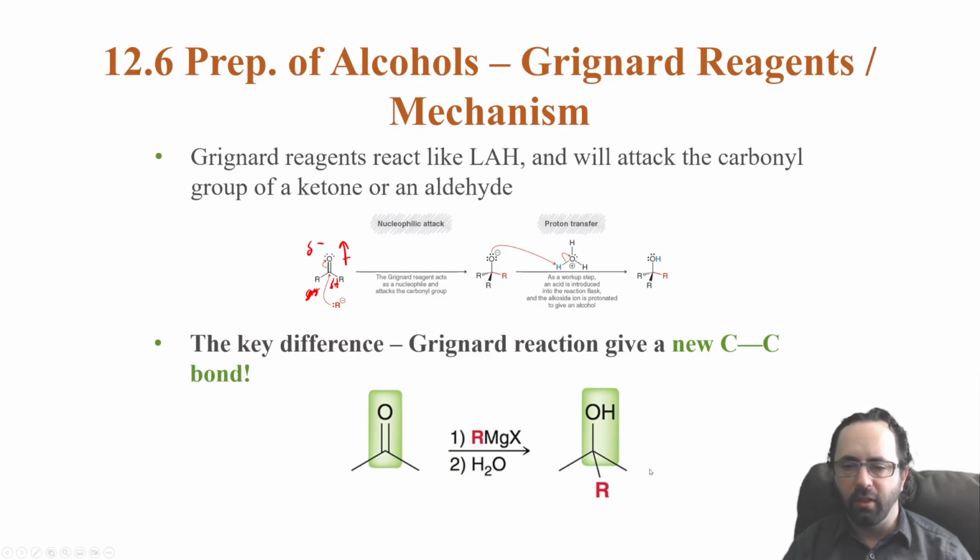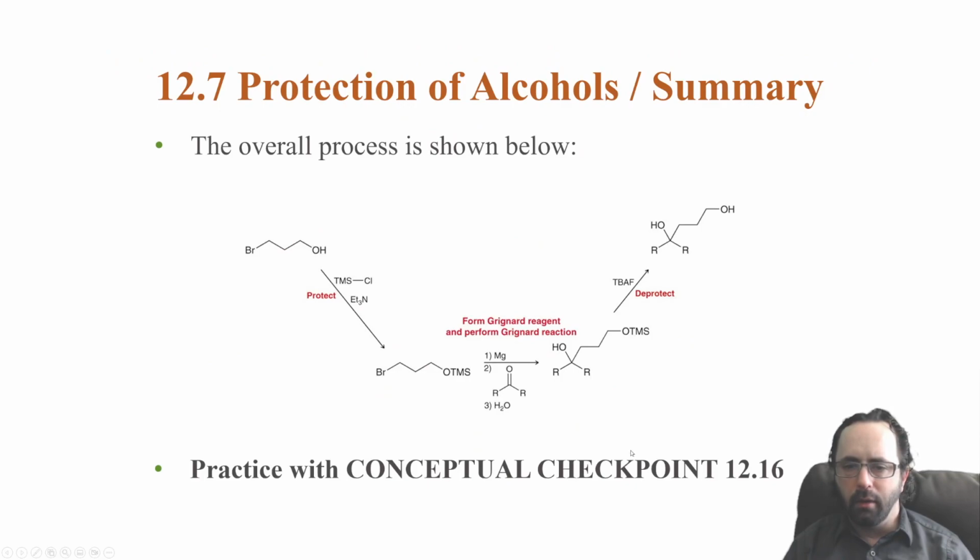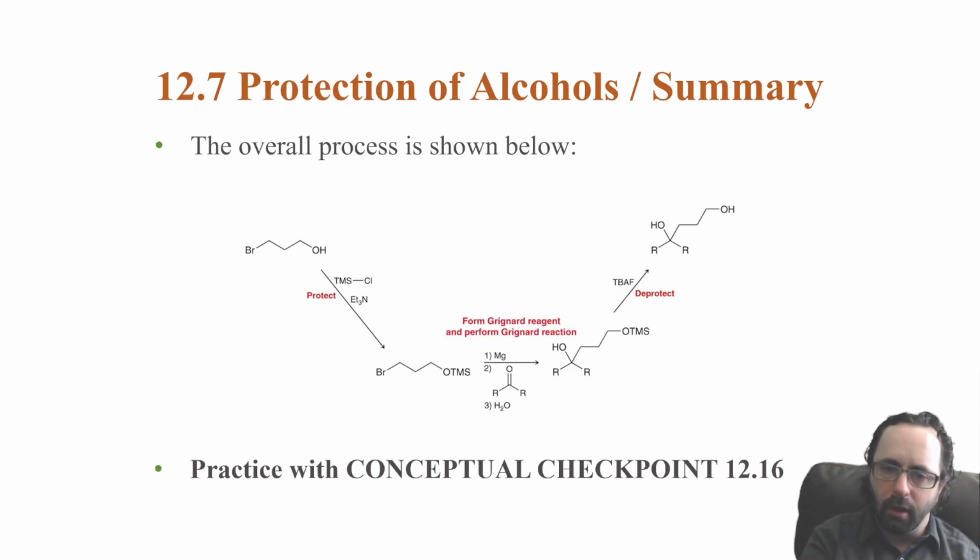Very important for synthesis. Now, if you have an alcohol on the same reagent that you want to make into the Grignard reagent, you first have to protect the alcohol. The reason being is because, remember, if you use the Grignard reagent here, you're going to get a carbanion. And that carbanion will be extremely basic.